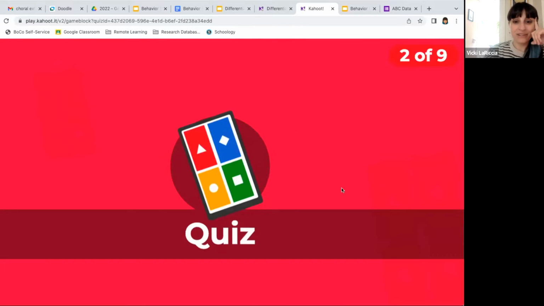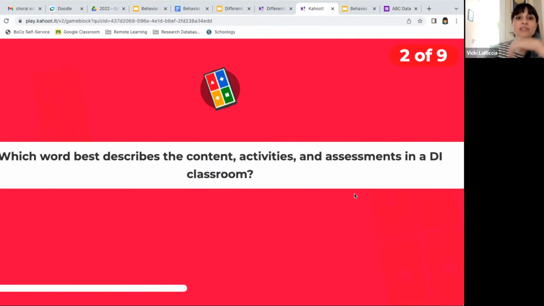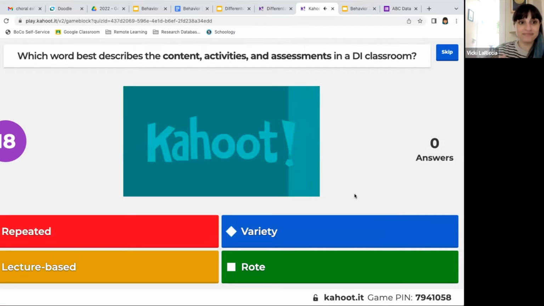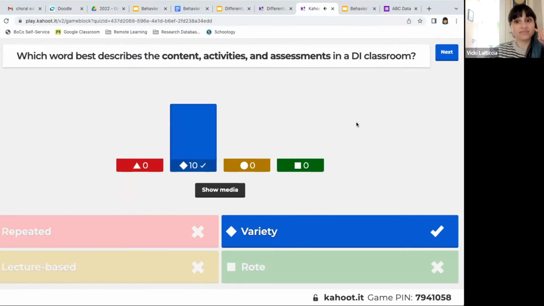Okay, question 2. Which word best describes the content, activities, and assessments in a DI classroom? All right, great.